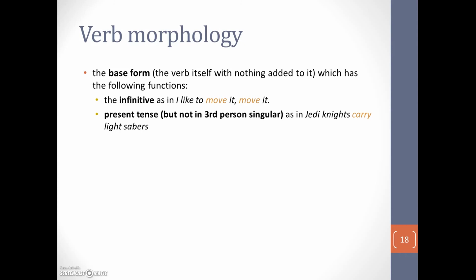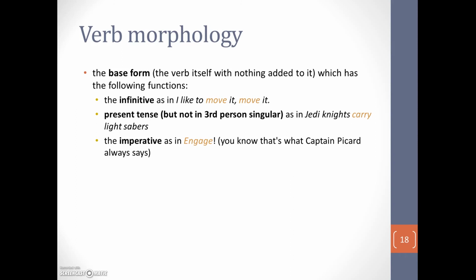We also use it in the present tense, but obviously excluding the third person singular. So Jedi Knights carry lightsabers. So carry here is also the base form. And we also use it in the imperative, all right, which are these orders that you can sort of give to people, yeah?